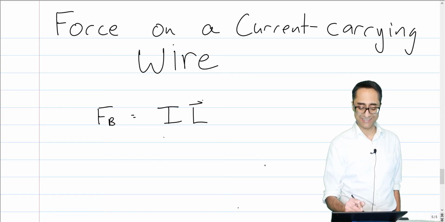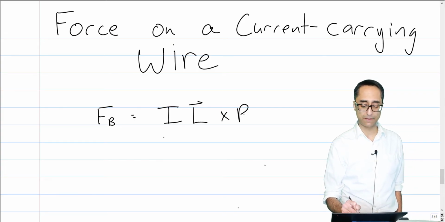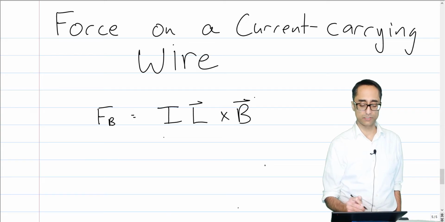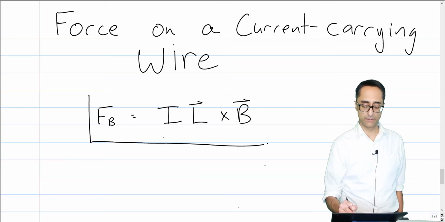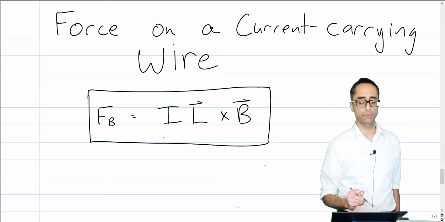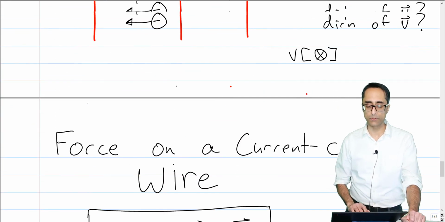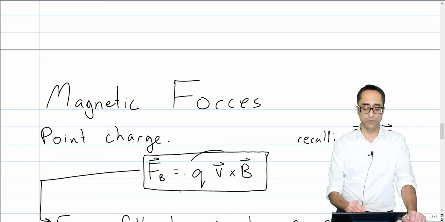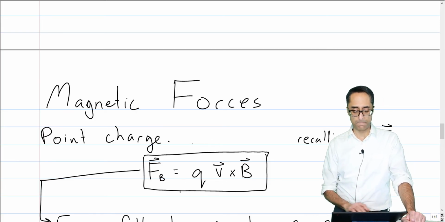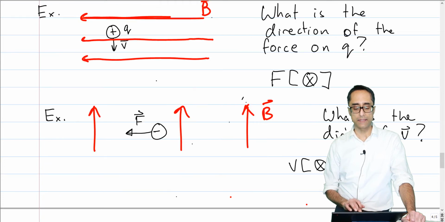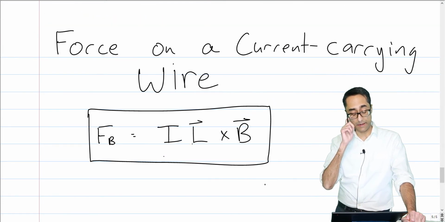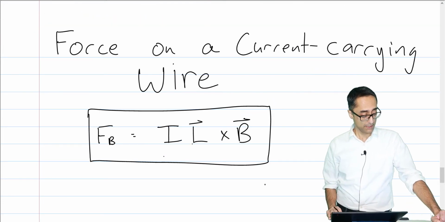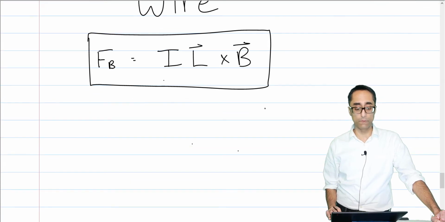So this L represents the length of the wire in the magnetic field only. Cross product with B. So IL cross B. That's very, very consistent with what we saw up here with QV cross B. Q and V are a combination of I, and now we have our length in there as well. And that will give us our force.